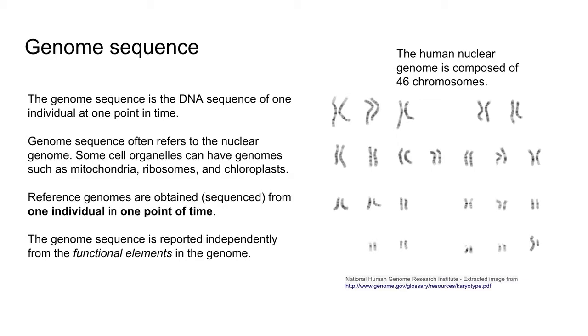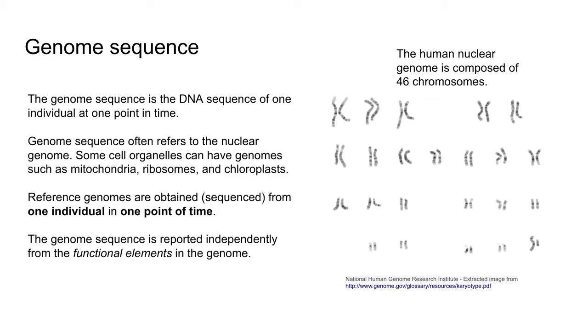So when we talk about the genome sequence, then we talk about the sequence of the 4 letters A, G, C, T for all these chromosomes, and we would not consider the meaning of these letters at the same time. So the genome sequence is simply the sequence of the 4 letters in the respective chromosomes.